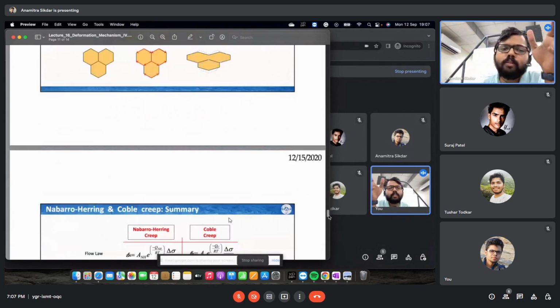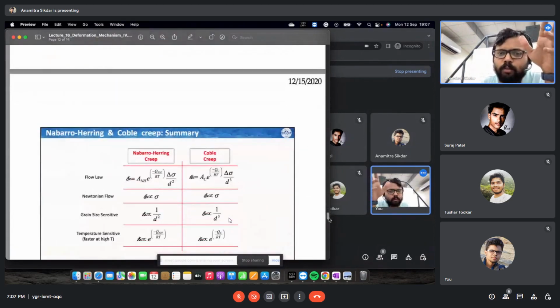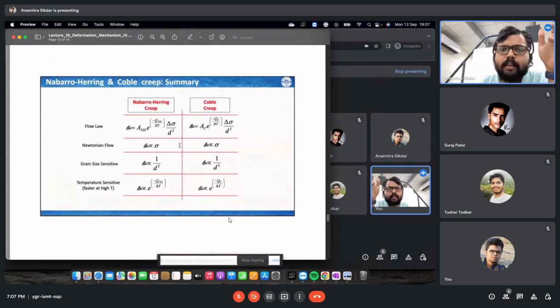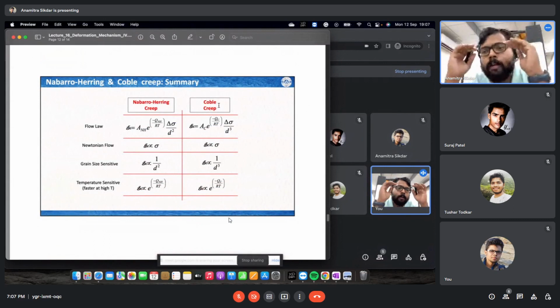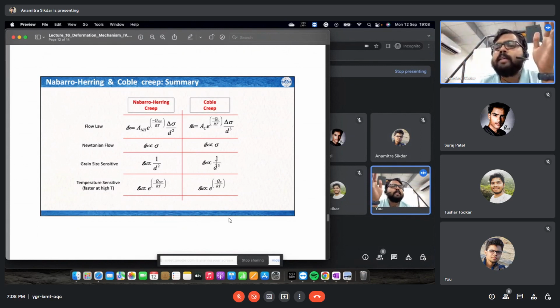So the equation is a little bit different for these two. For example, Coble creep is responsible for grain boundary diffusion, the vacancy diffusion along the grain boundary surface. So it is more dependent on the grain size. If you have very small grains, then the diffusion will be much faster, because it has to travel a much shorter path, right?